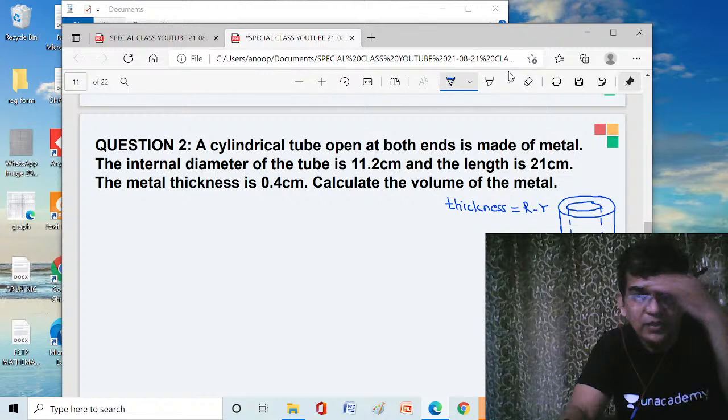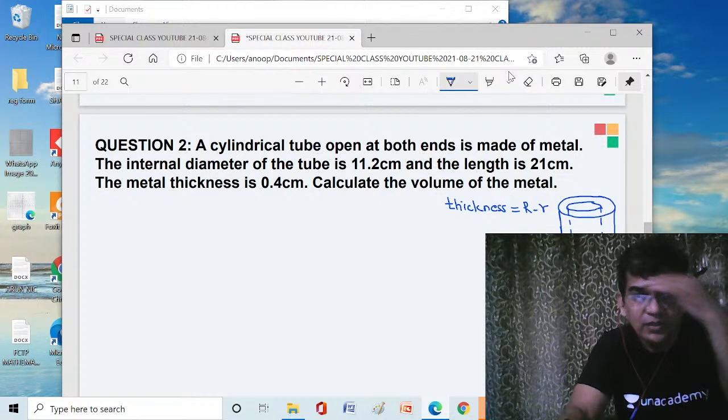What formula did I tell you in the starting? I told you that you will calculate the volume using the external dimensions, then calculate the volume using the internal dimensions, and their difference will give me the volume of metal.